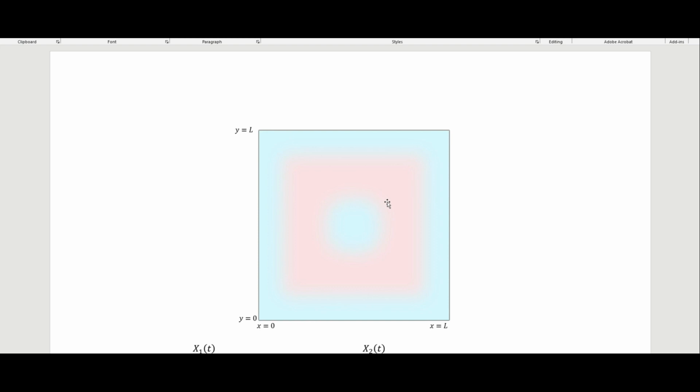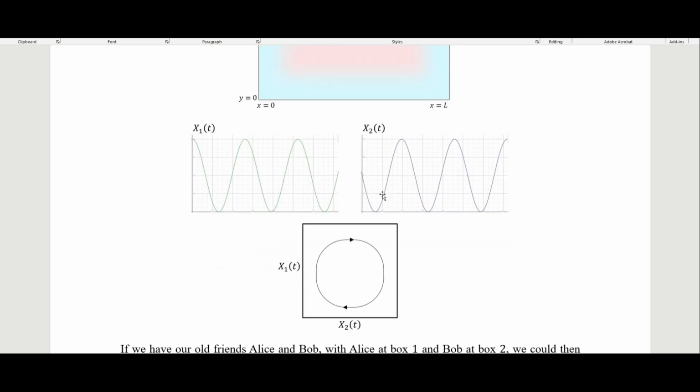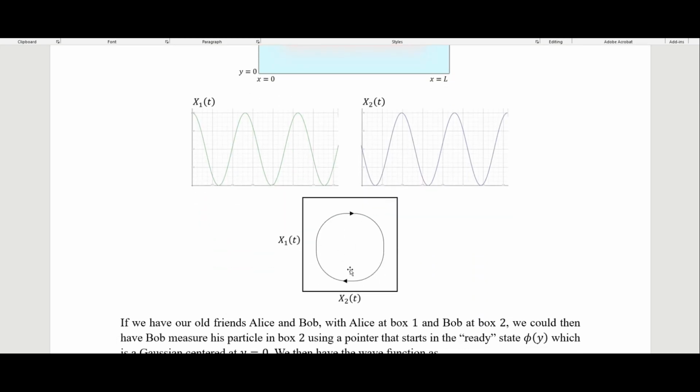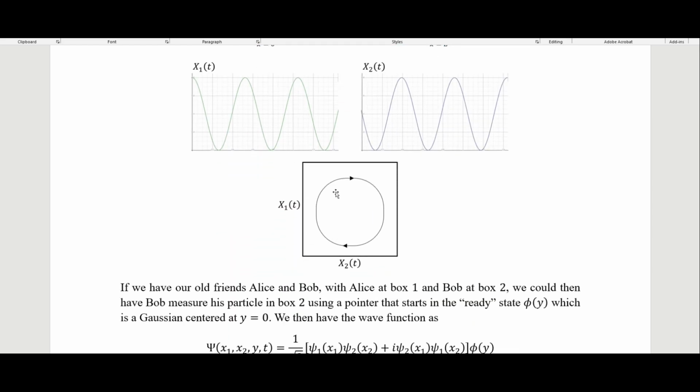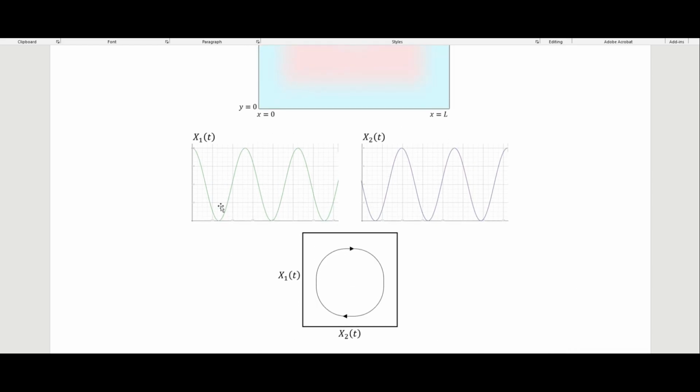And so we have this sort of going around in a circle that actually looks like this. So this is the configuration space shown here, but kind of showing how the sloshing is occurring. And so this is telling us the positions of particle 1 and particle 2 right here, and we see these are slightly out of phase, and so that's why we get this circular motion in phase space.